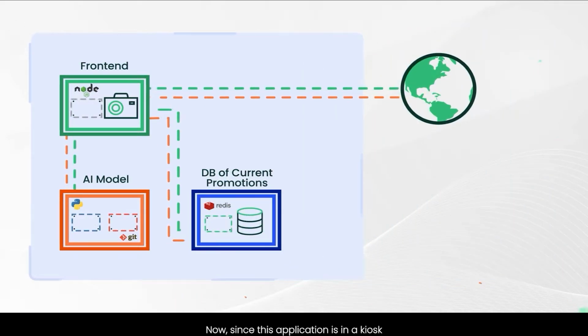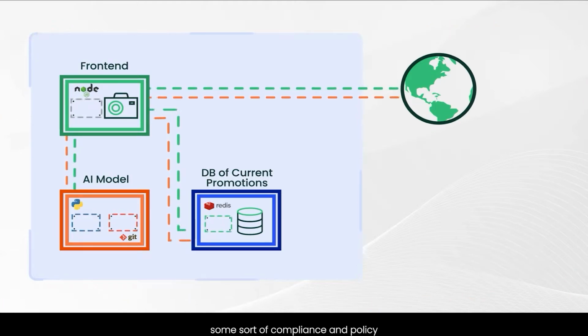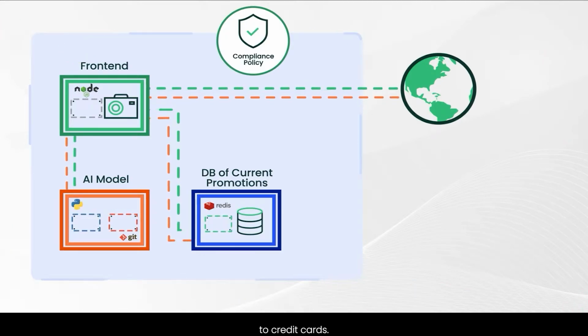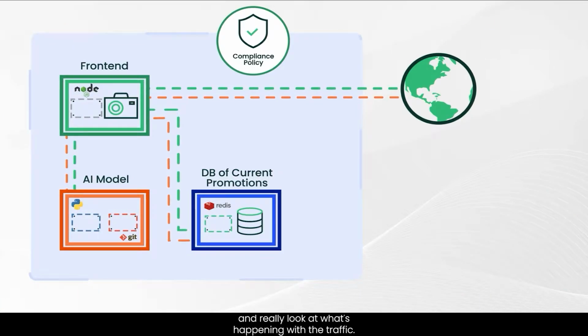Now, since this application is in a kiosk that's sitting right next to a cash register, there's a good chance that it's going to have some sort of compliance and policy that's put in place because it's coming close to credit cards. What we can do is use this deep packet inspection and really look at what's happening with the traffic.